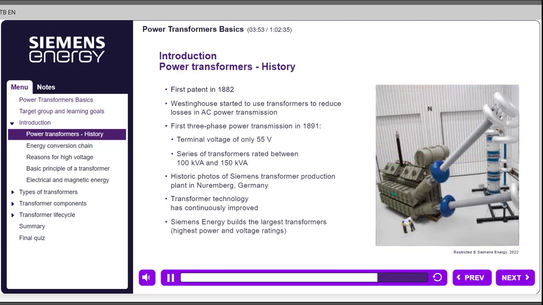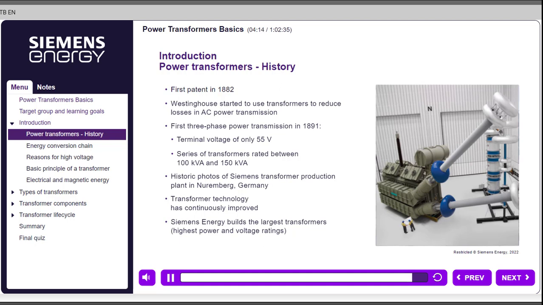Today, Siemens is the leading manufacturer of high-end transformers with very high power and voltage ratings, which are only limited by transportation issues. Above a certain size, 1300 megavolt ampere, 1200 kilovolt, transformers become too large to enable transport.